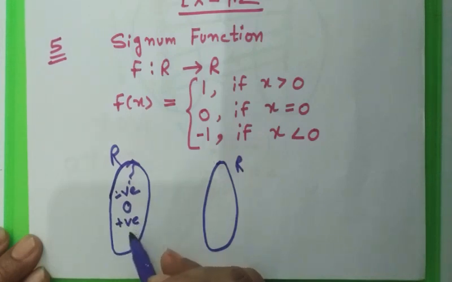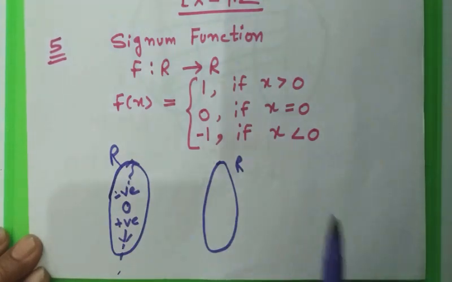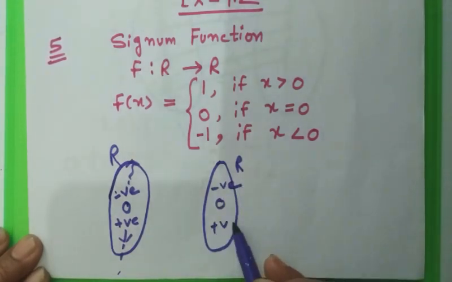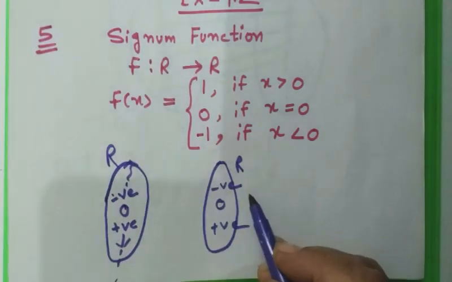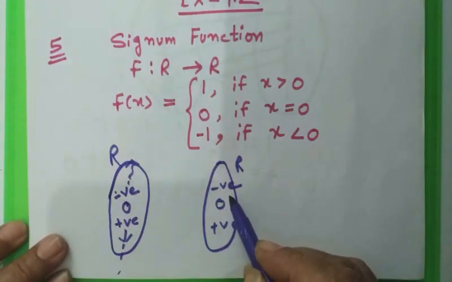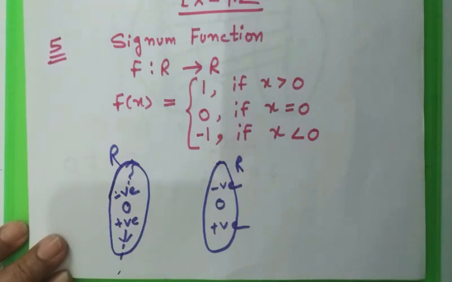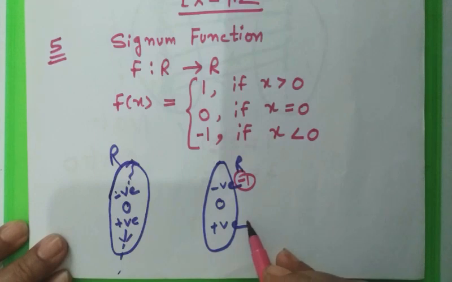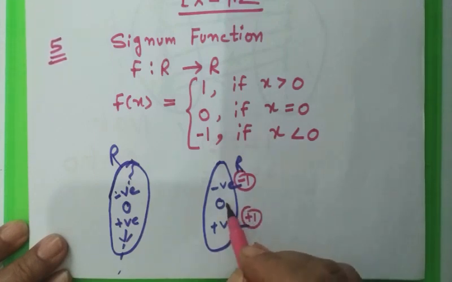Then we have positive numbers. It also contains all rationals or irrationals and so on. Similarly, it has 0, negative reals, and positive reals. Among these negative reals and positive reals, somewhere we have -1, somewhere we have plus 1, and we have 0.